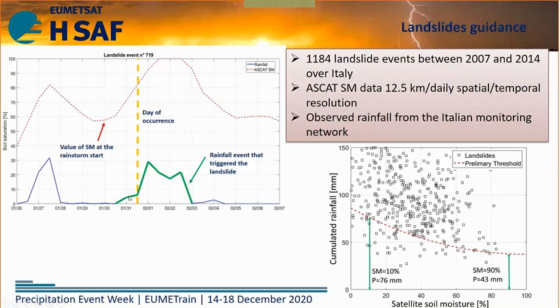And here you can see the rainfall time series. So we consider the total amount of rainfall fallen during the storm event that likely triggered the landslide.